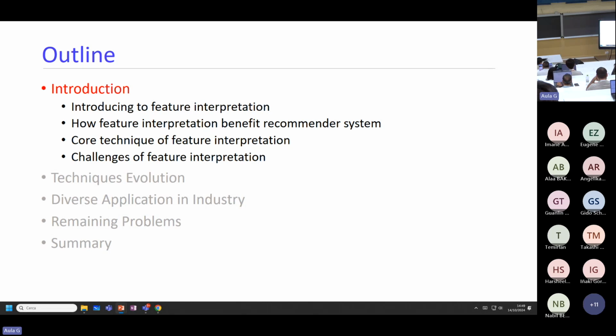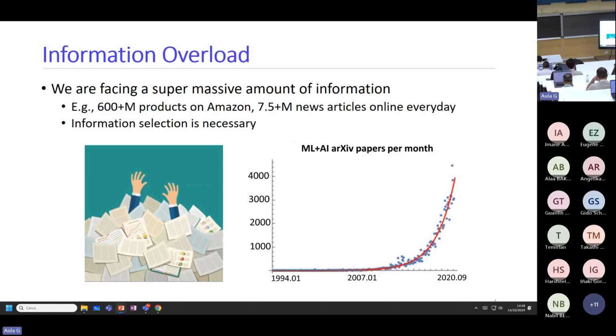We will then cover the core techniques of feature interpretation, where we will look at the fundamental methods used to trace and understand feature behavior in recommendation models. Finally, we will figure out the challenges of feature interpretation, focusing on the limitations, complexities, and open questions that still need to be solved in this area.